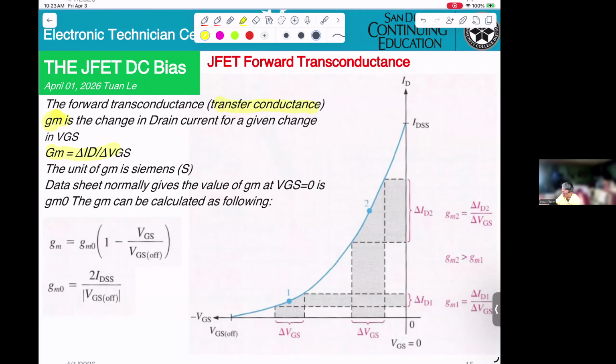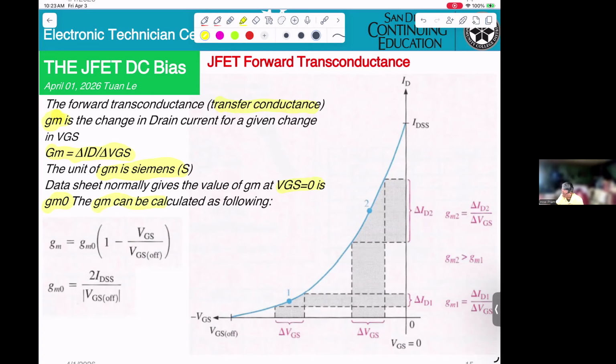By definition, gm equals delta ID divided by delta VGS. The unit of gm is siemens. The data sheet normally gives the value of gm at VGS equal 0, which is gm0.